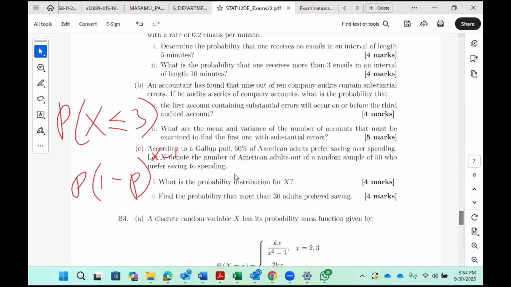So you add all the three, and that will give you your probability for the first account containing substantial errors occurring on or before the third audited account. So either the first one, the second one, or the third one.